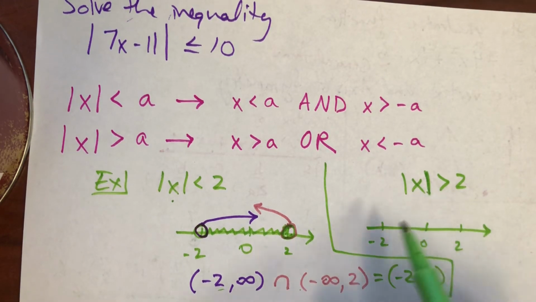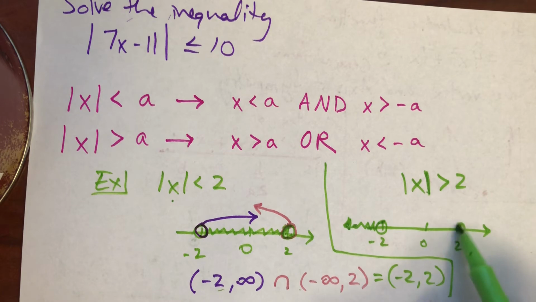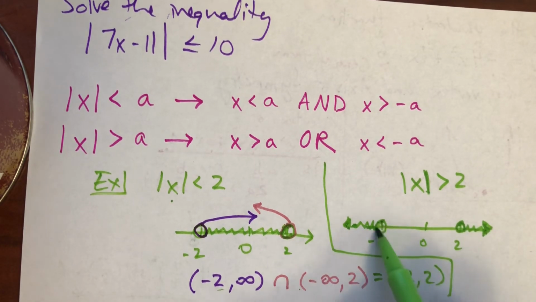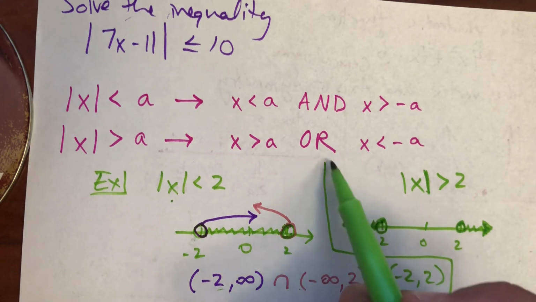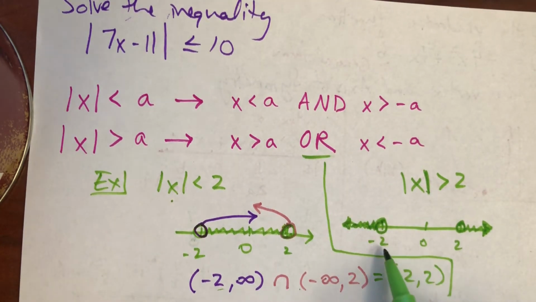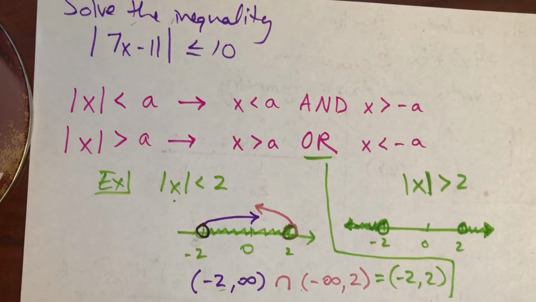So now all of these solutions are going to be either over here or they're all going to be over here. So this one is a union. We want everything that's in this interval together with everything in this interval, which is a union, so or, right? So either x would be less than -2 or x has to be bigger than 2. So that's kind of why we're using these things. So we could split ourselves up like this.